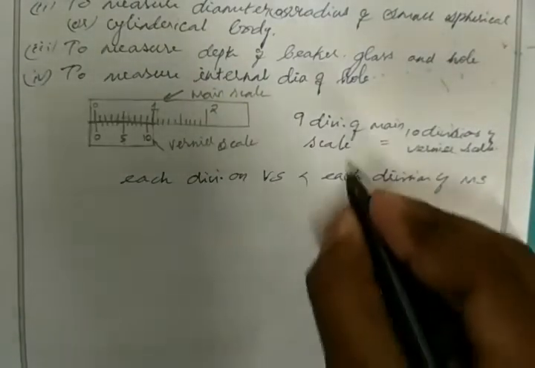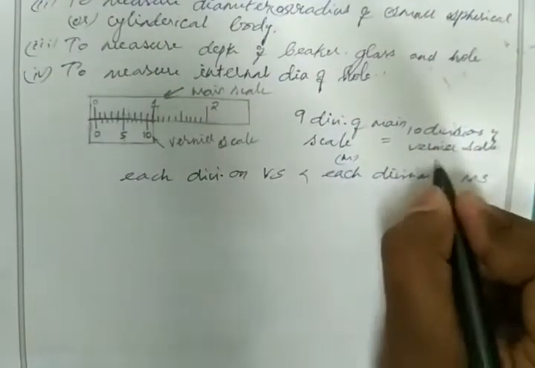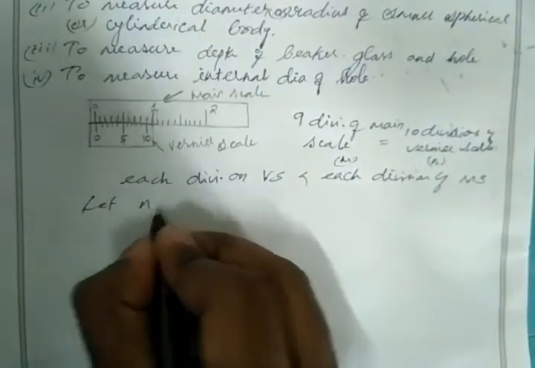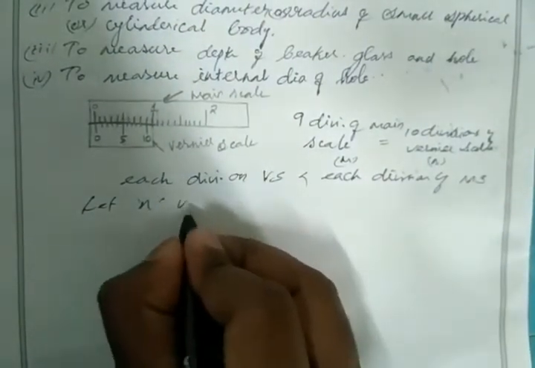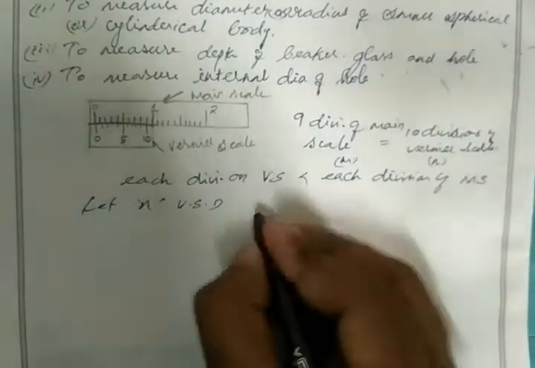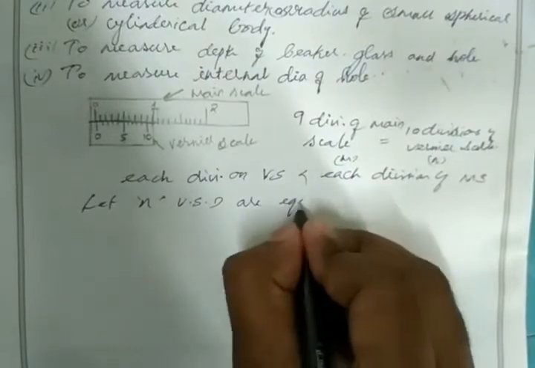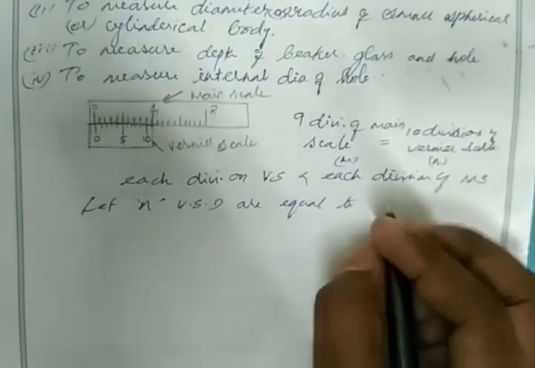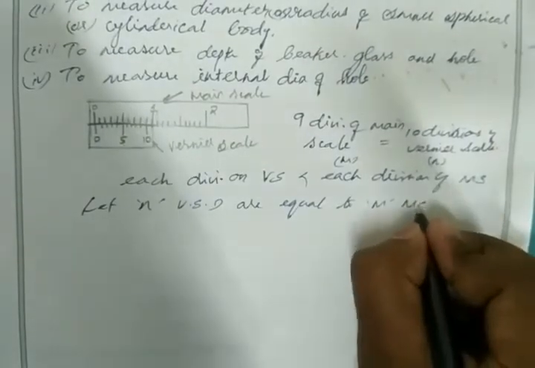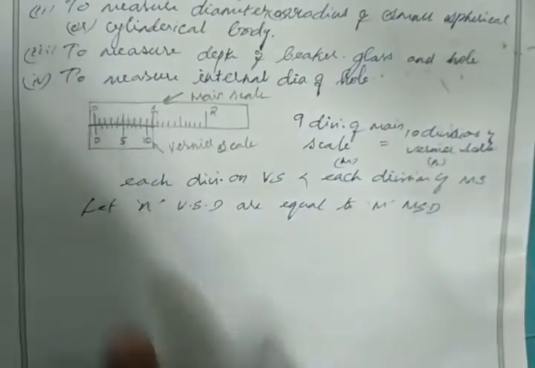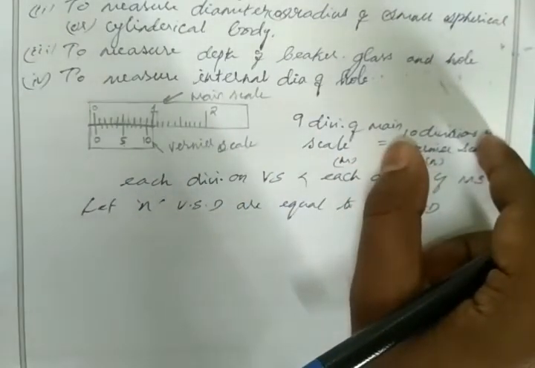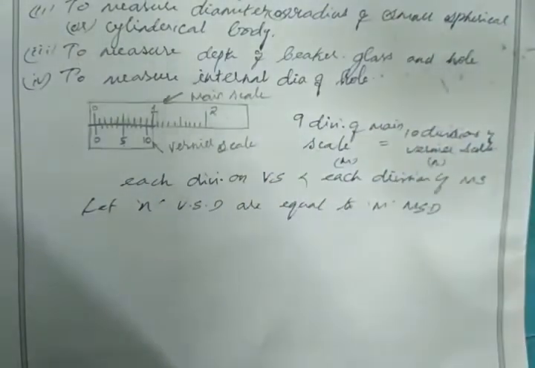So let's take this quantity as M and this quantity as N. Let N vernier scale divisions, VSD, be equal to M main scale divisions, MSD. For example, 10 VSD are equal to 9 main scale divisions.